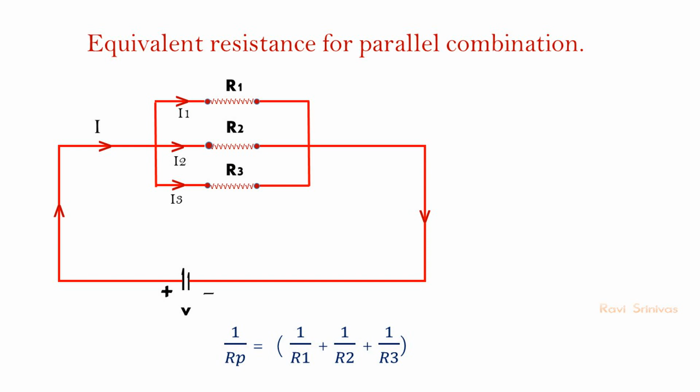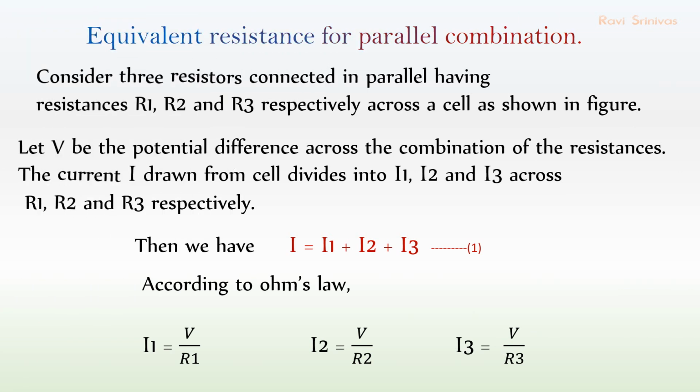We can also observe the total current I dividing into I1, I2 and I3 across the three resistors in this case. Total current I is equal to I1 plus I2 plus I3. By applying Ohm's law, we can substitute the values of I1, I2 and I3.